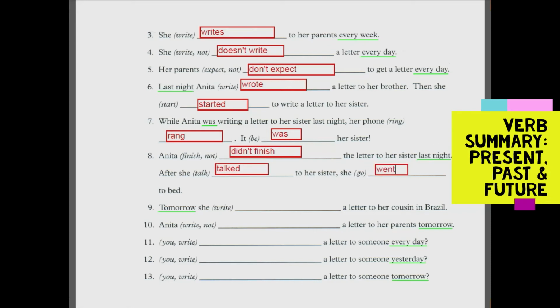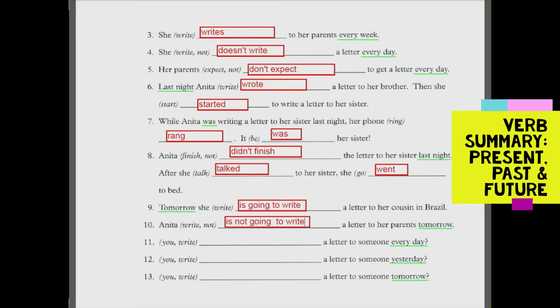And tomorrow is going to write. We assume that it's already in her plan. So we use the future to be going to, guys. Anita is not going to write a letter to her parents tomorrow.